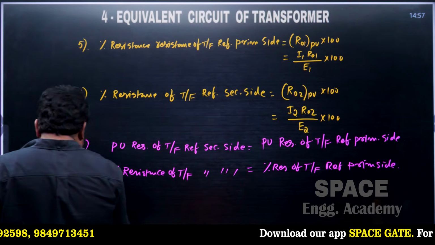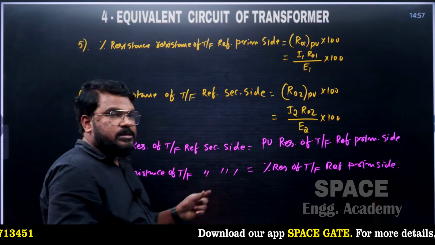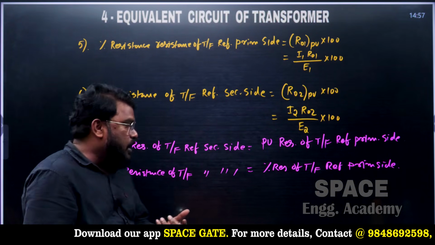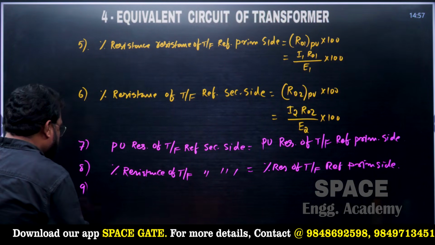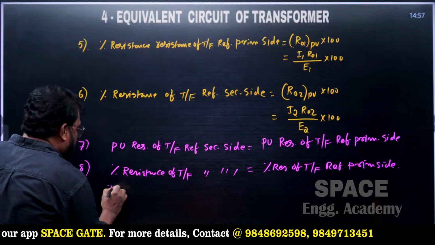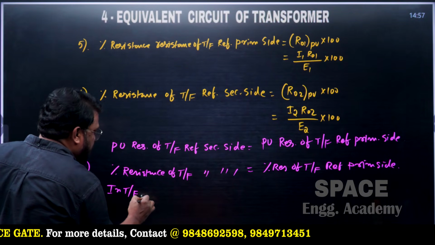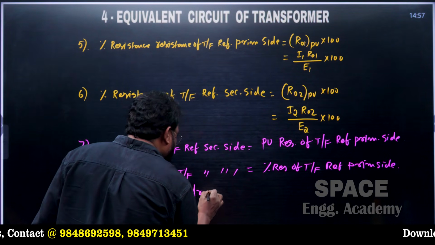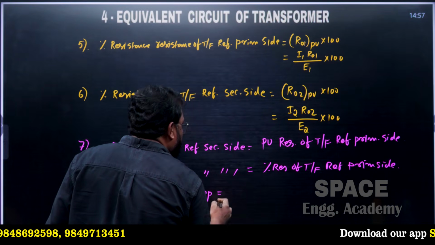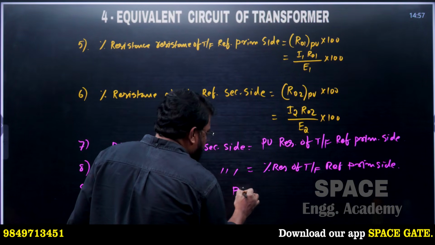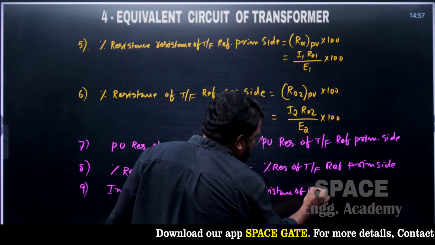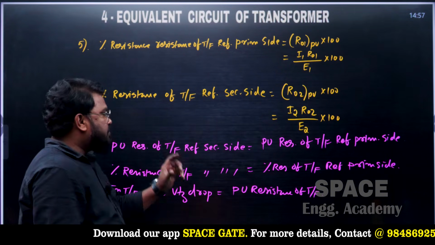And in transformer, per unit resistance is also equal to per unit voltage drop. Sometimes we have a question. Another possibility of the question, per unit voltage drop is equal to per unit resistance of the transformer. This is also another point.